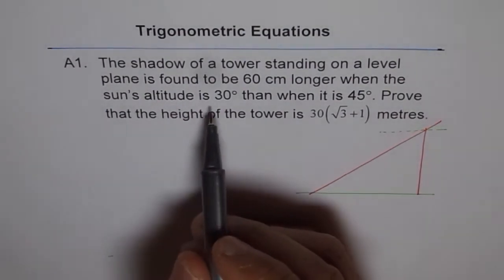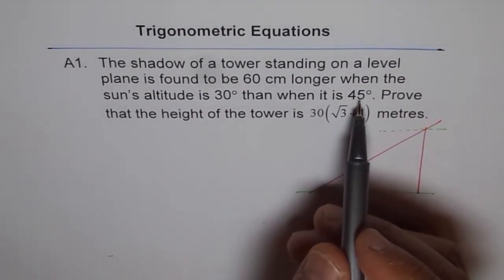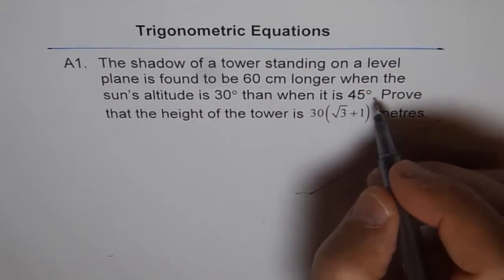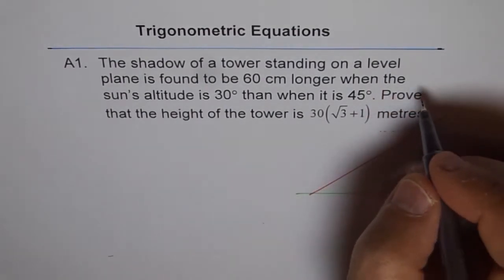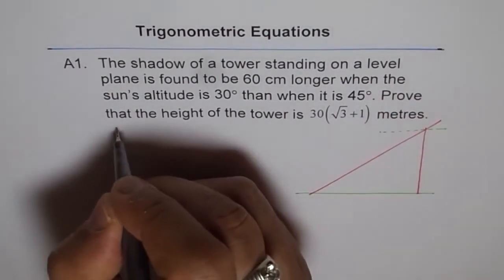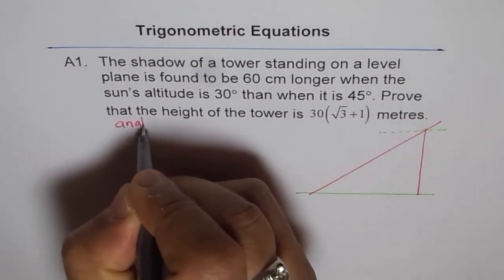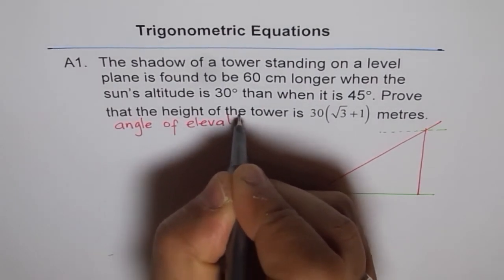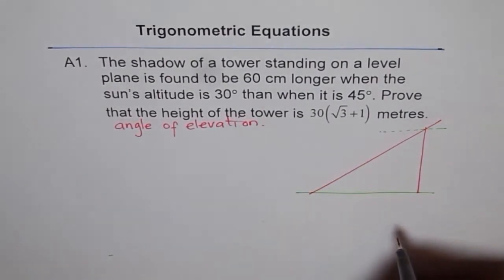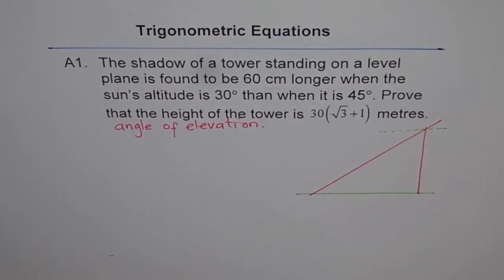The sun's altitude is at 30 degrees than when it is 45 degrees, and what word is missing here is angle of elevation. So include that. So these are angle of elevation. Okay, and then try to solve it.